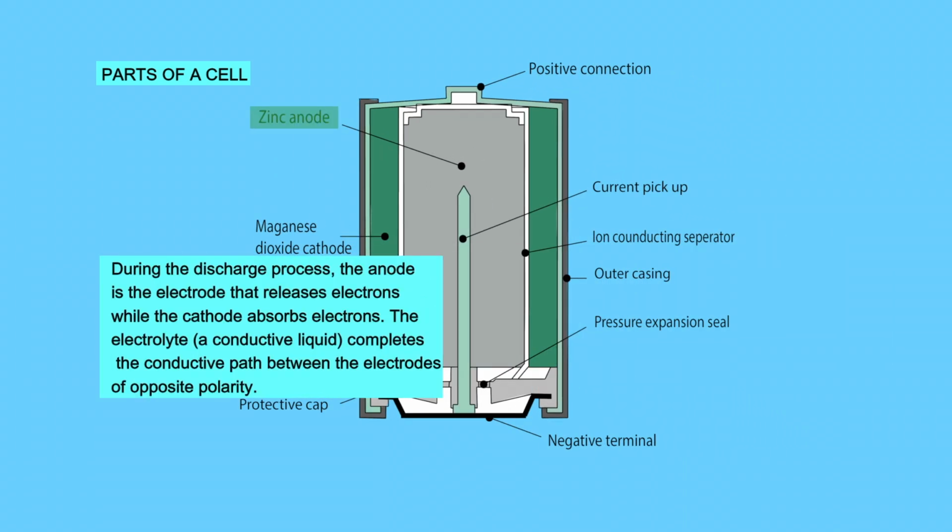During the discharge process, the anode is the electrode that releases electrons while the cathode absorbs electrons. The electrolyte, which is a conductive liquid, completes the conductive path between the electrodes of opposite polarity.